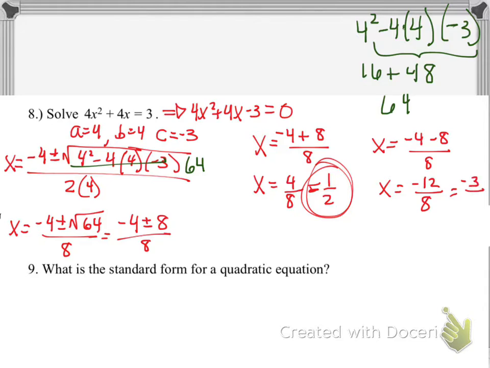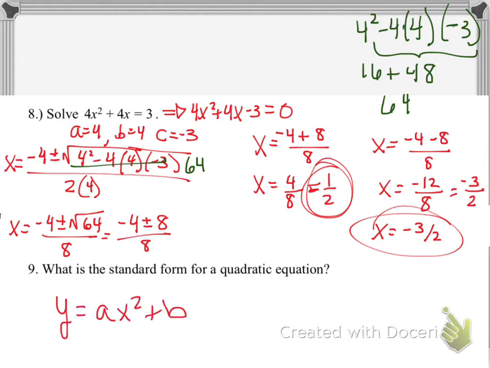And if I divide the bottom by 4, I get 2. So x equals -3/2 for that one. All right. And let's just remember that your standard form is y equals ax squared plus bx plus c.